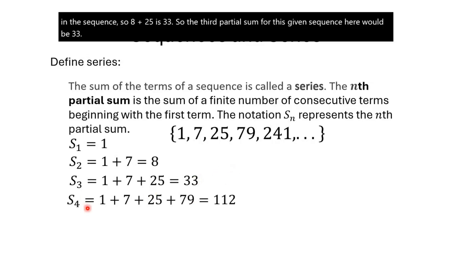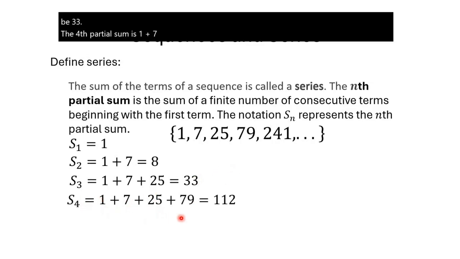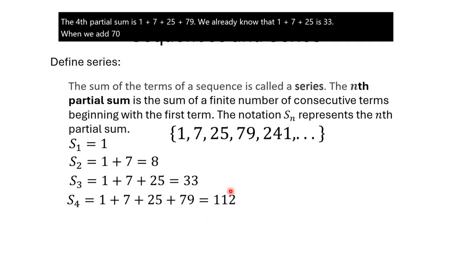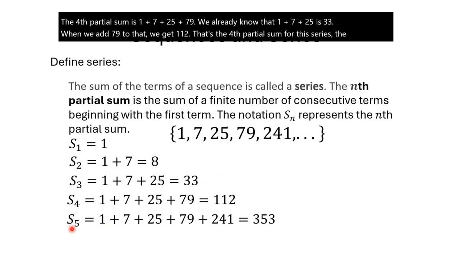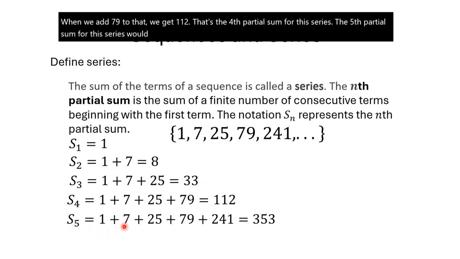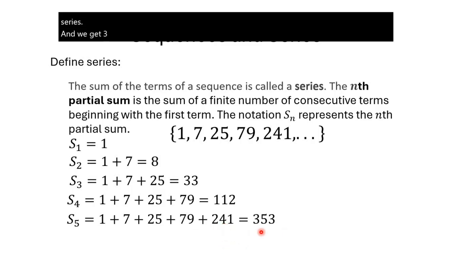The fourth partial sum is 1 plus 7 plus 25 plus 79. We already know that 1 plus 7 plus 25 is 33. When we add 79 to that, we get 112. That's the fourth partial sum for this series. The fifth partial sum would be 1 plus 7 plus 25 plus 79 plus 241, basically adding up the first 5 terms, and we get 353 for that answer.